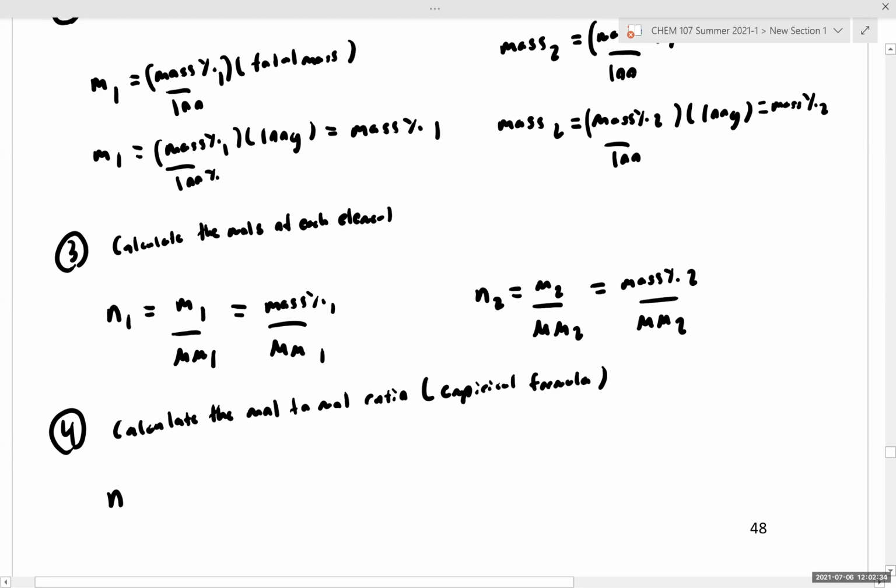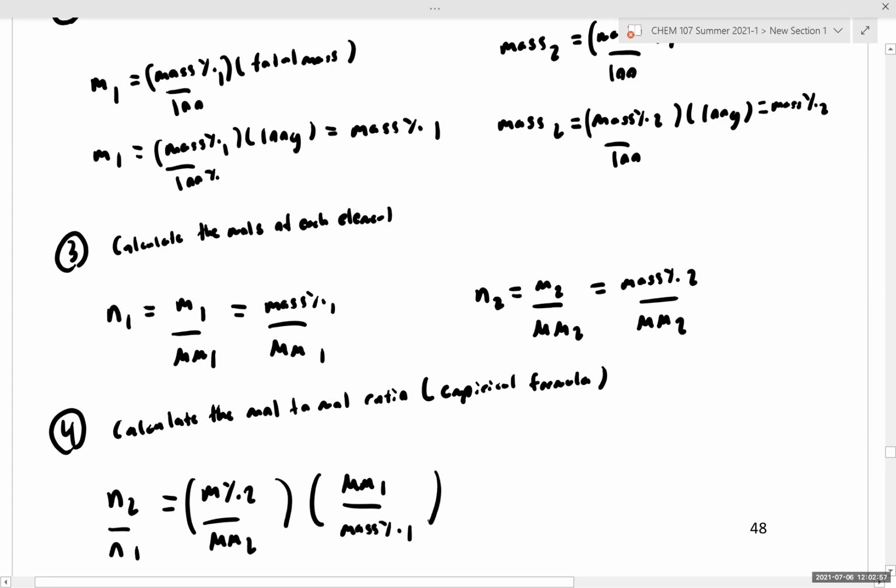So in this case, we're going to take N2 over N1, which we see corresponds to the mass percentage of element 2 over the molar mass of element 2 times the molar mass of element 1 over the mass percentage of element 1.